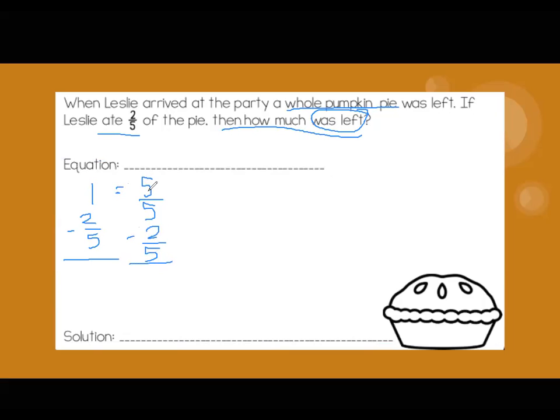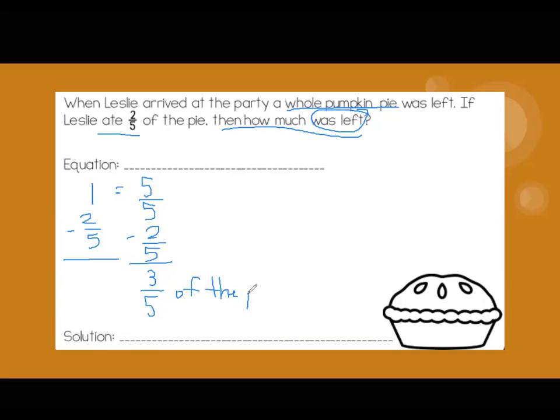So if we look at our numerators, 5 minus 2 is 3, and our denominator is going to stay the same. So for our solution, the question is how much was left? We know that 3/5 of the pie was left over.